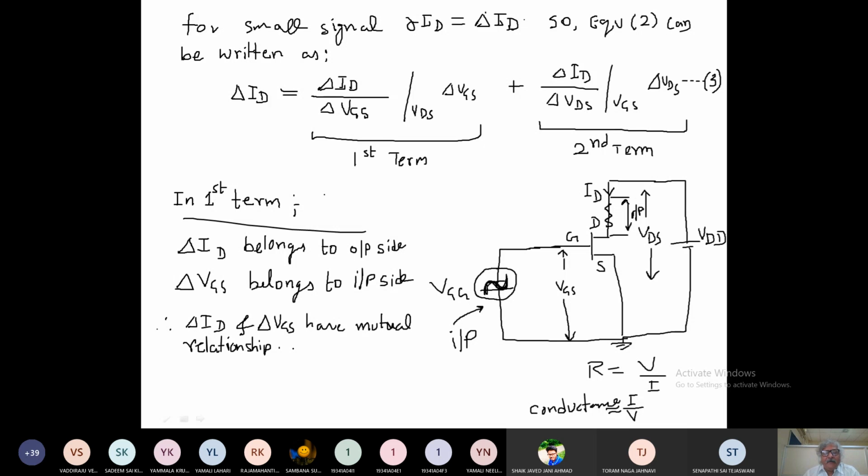So delta ID and delta VGS have a mutual relationship, and its dimension is that of conductance.